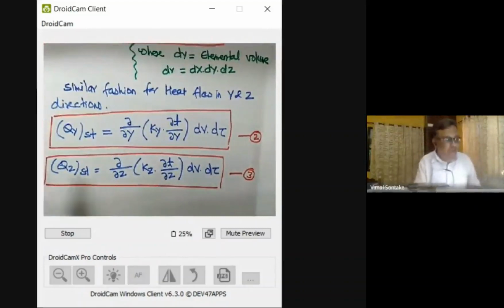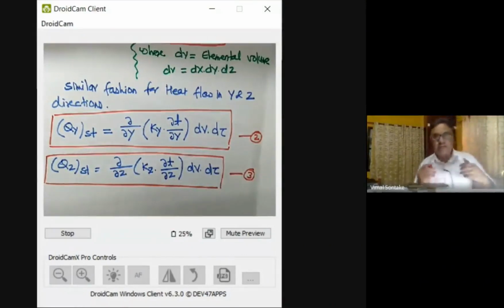So what is happening actually? This is mathematics, but what is its physical interpretation for us as mechanical engineers? See, what we are trying to find out is the effect of heat transfer in three directions, x, y, and z, and what will be the effect of this heat transfer in three directions on the temperature variation of this elemental volume, and in turn on the temperature of the body through which heat is being conducted.